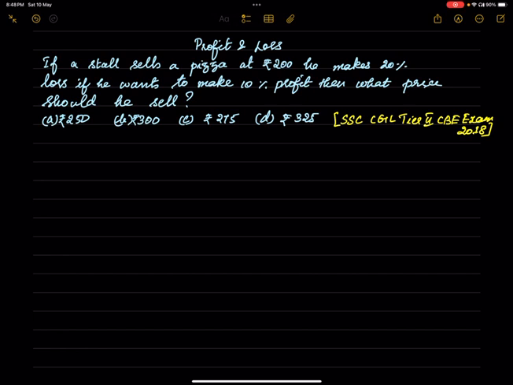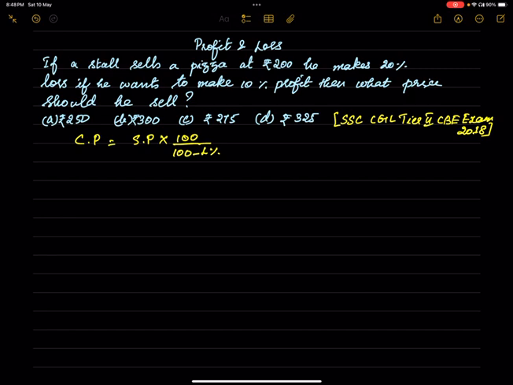Let me write that formula first. CP is equal to SP into 100 over 100 minus loss percentage. That's all. CP is equal to SP into 100 by 100 minus loss percentage.